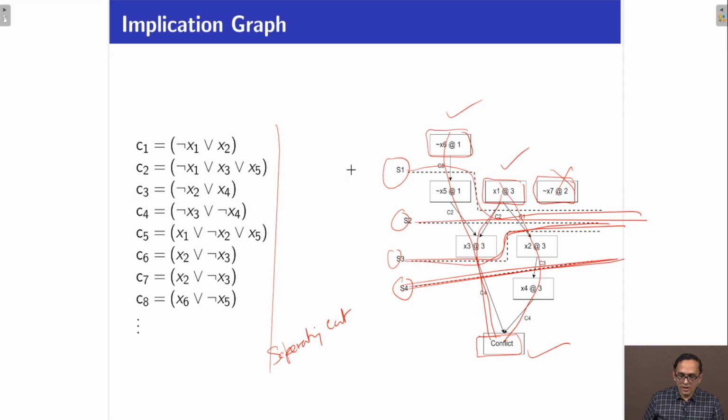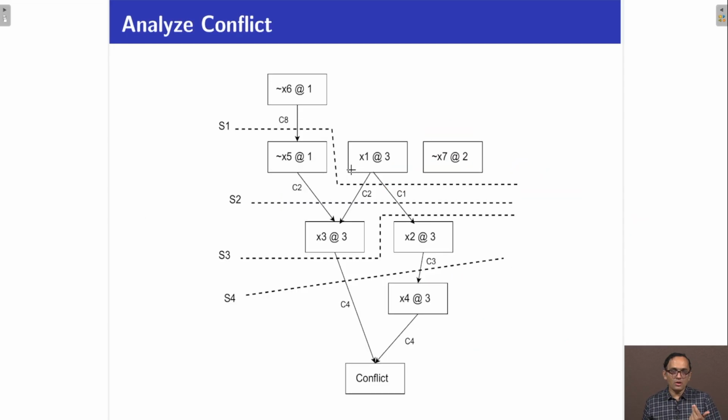Okay. And now for each separating cut, I can construct a conflict clause, which I have already told you about. Say, for example, if you take S4, the decision of x3 equal to true and x2 equal to true creates this conflict. So, at least one of them should be opposite, right. So, corresponding to S4, I have not x3 or not x2. This is the conflict clause I learned from S4.